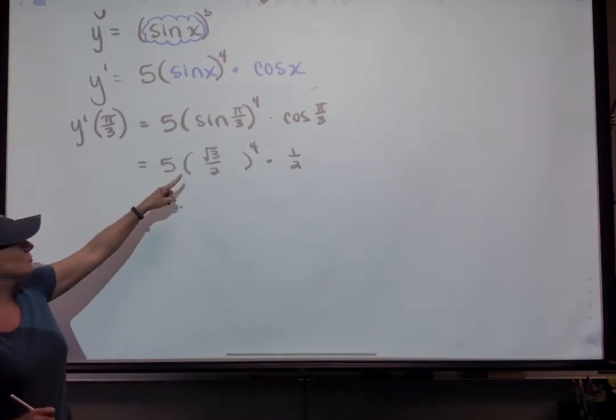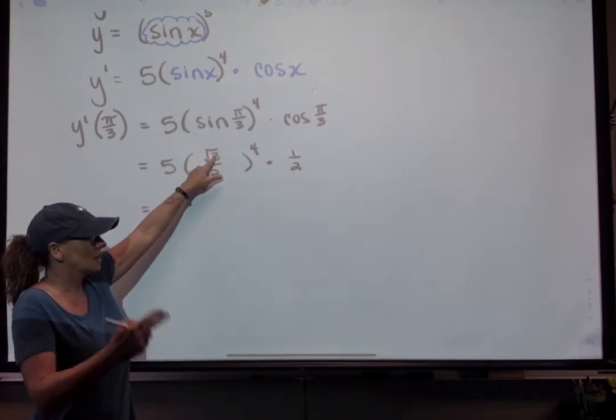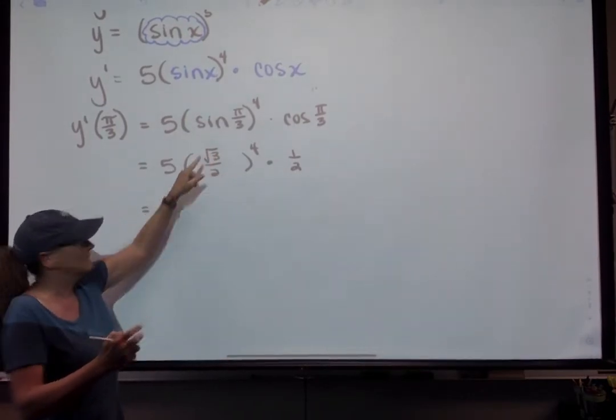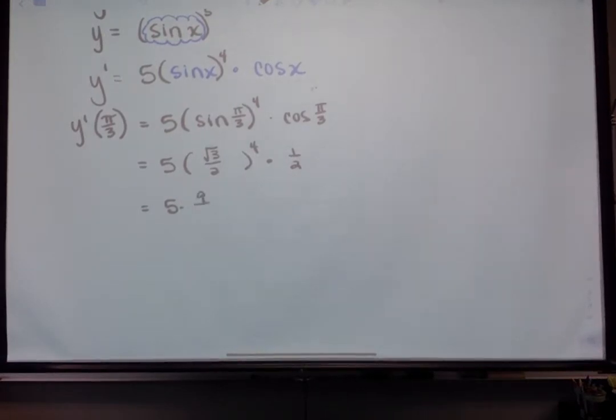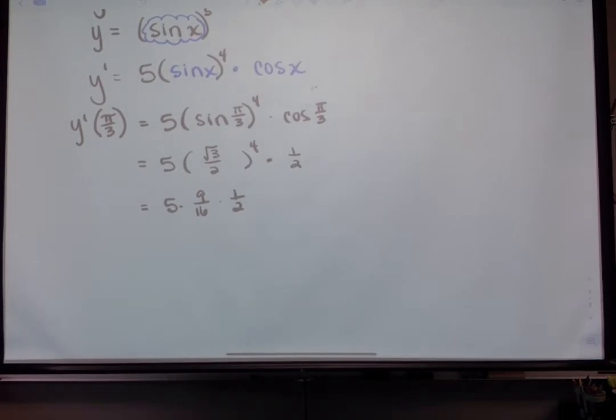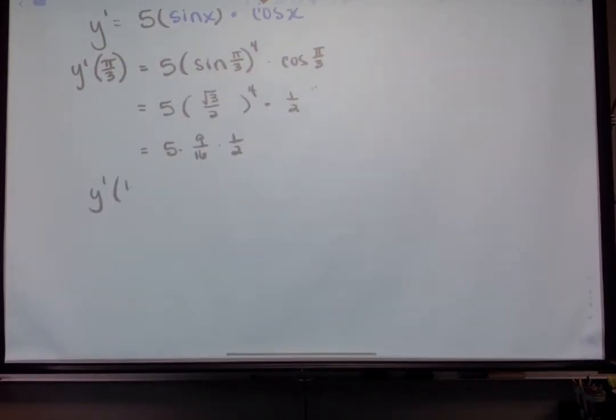Now if I raise this to the 4th power, I've got that times that is 3. Times another 3 is 9. 9 over 2, 4, 8, 16 times 1/2. So it looks like I've got 45 over 32.